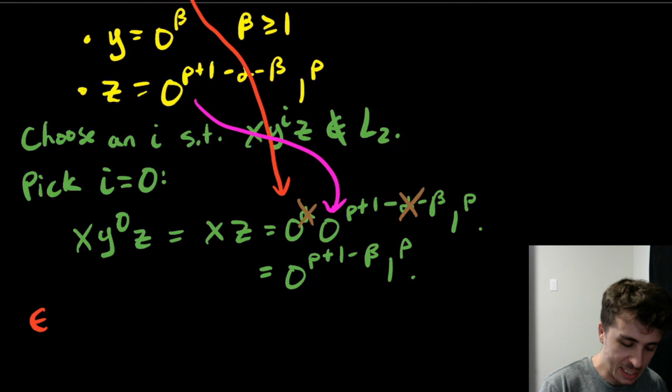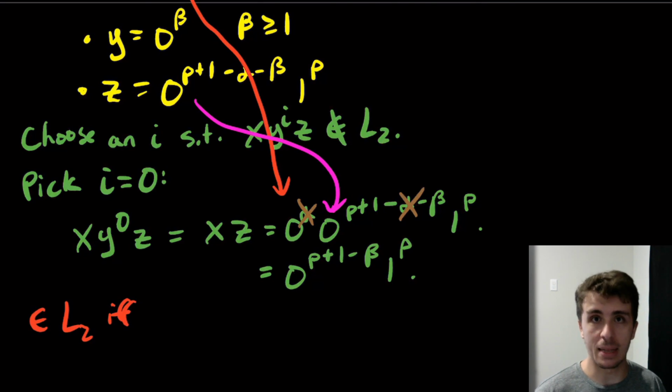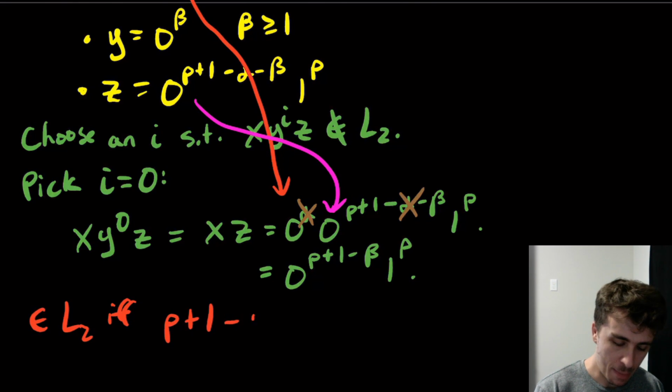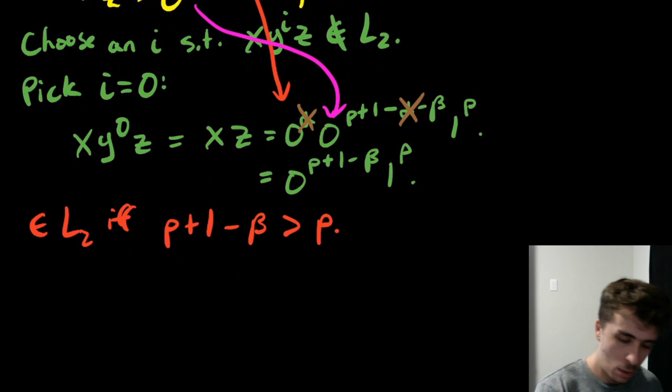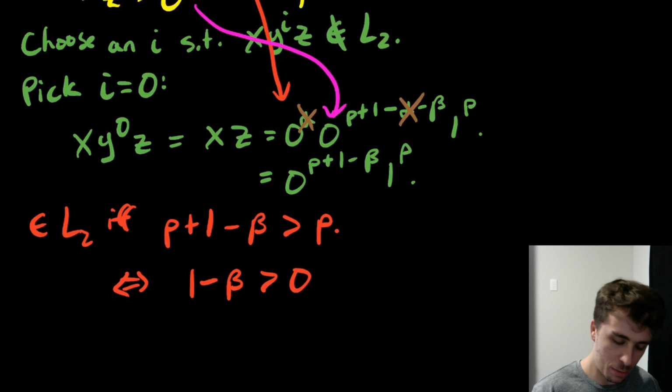So this is in L2 if and only if the number of zeros is strictly bigger than the number of ones, which means that P plus 1 minus beta is strictly bigger than P, because P here is the number of ones, and this is the number of zeros. Well, we can subtract P on both sides, which means that 1 minus beta is strictly bigger than 0.